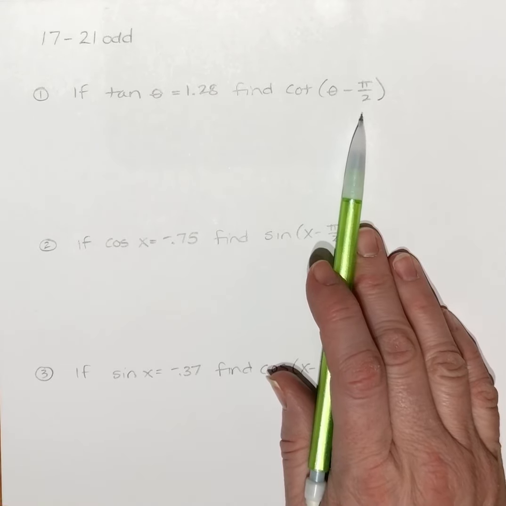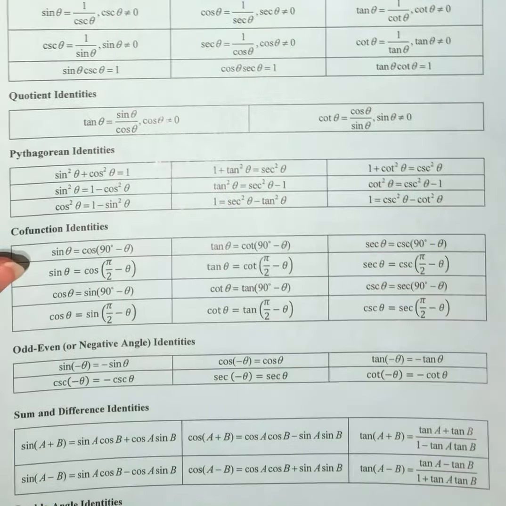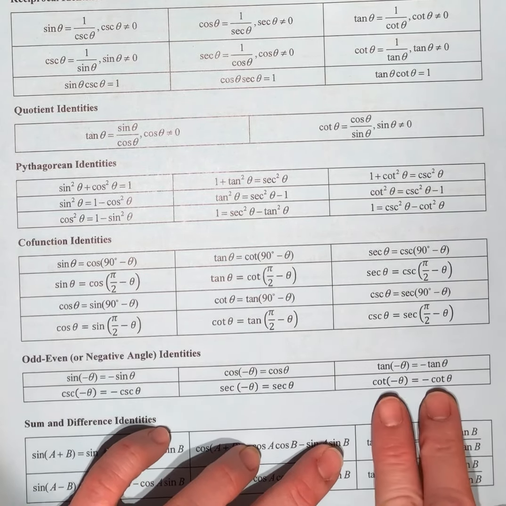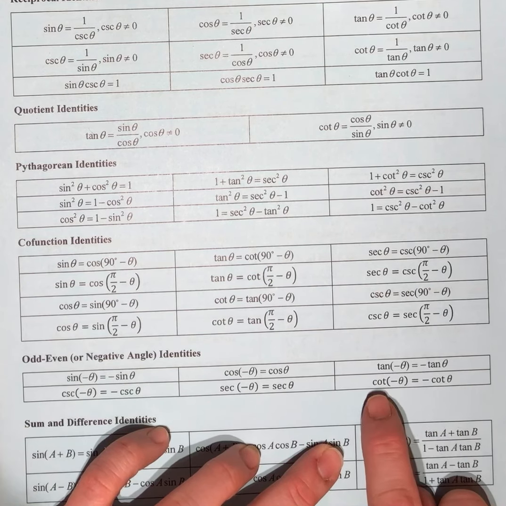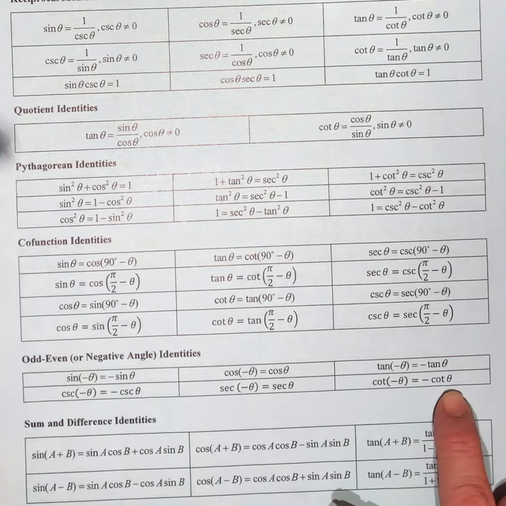And I'm going to start to use, instead of talking about quadrants and changing signs and things like that, the identity sheet, okay? So on the identity sheet right here, if you notice, the cotangent of negative theta is the same as the opposite of cotangent of theta.